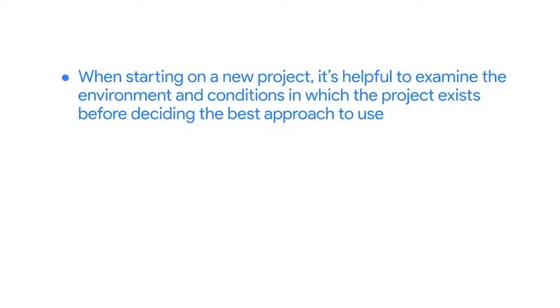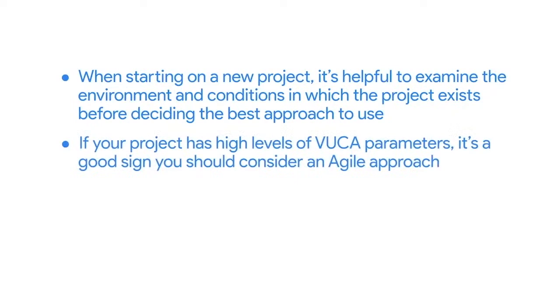Now, let's discuss why it's important to understand VUCA as it relates to project management. When we get started on a new project, it's helpful to examine the environment and conditions in which the project exists before we decide the best approach to use. If your project environment has high levels of volatility, uncertainty, complexity, and ambiguity, then it's a good sign that you should consider an Agile approach.